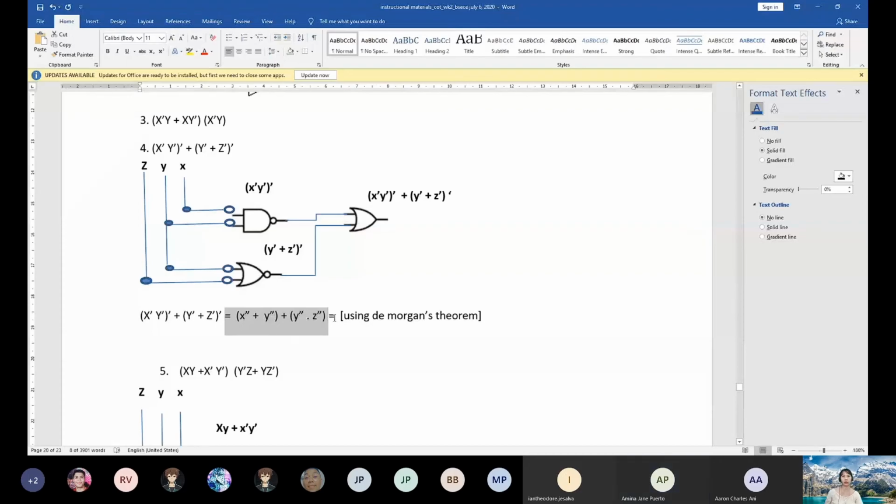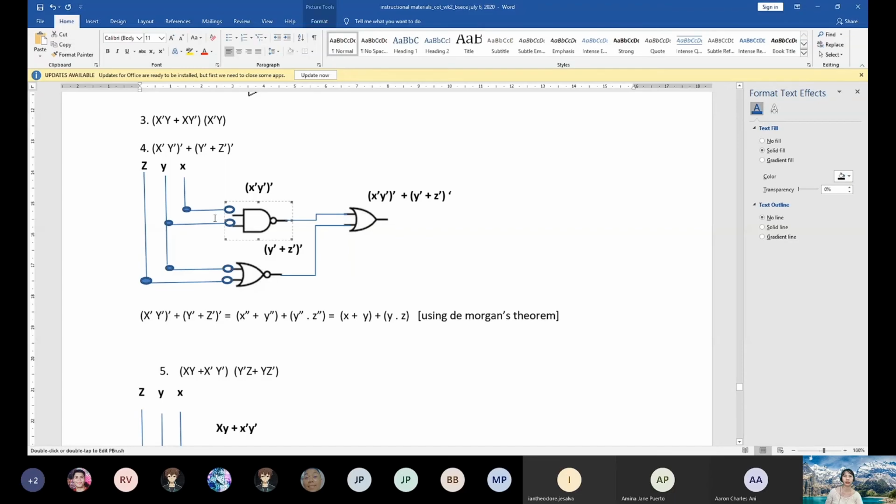So since we have double negation, it will become positive. Okay, so it becomes like this. As you can see, this actually equals just an OR gate and an AND gate.